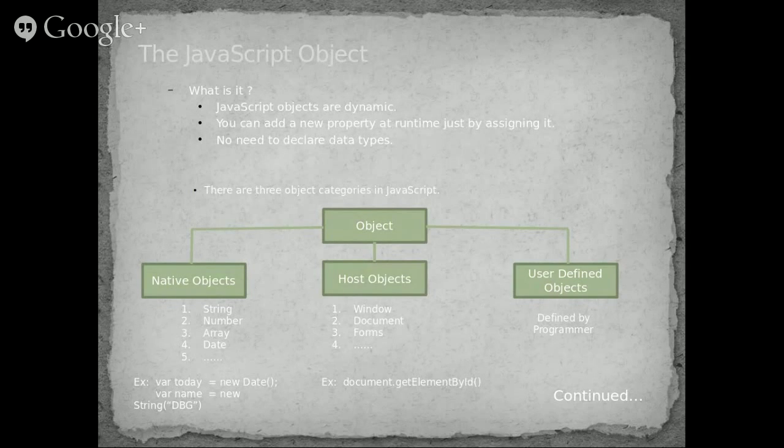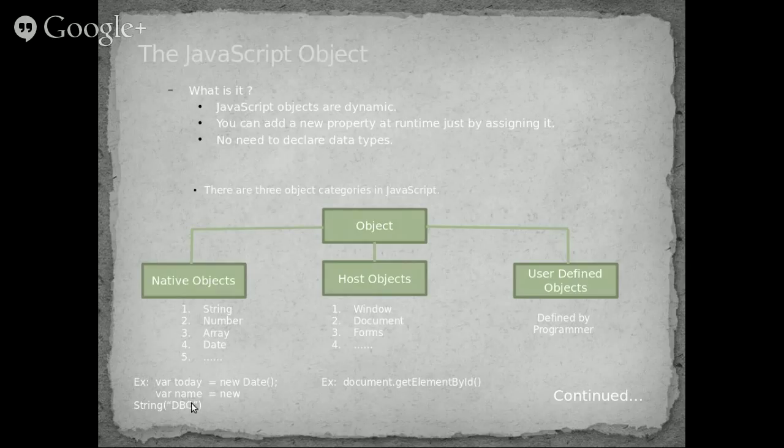Native objects are derived from the base object in JavaScript, and they are string, number, math, etc. So this can be used like this. Then what is a host object? This is also derived from native objects, so what is the difference?